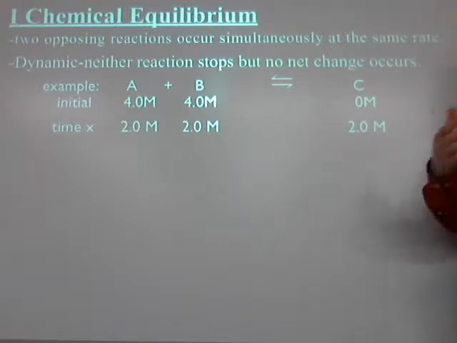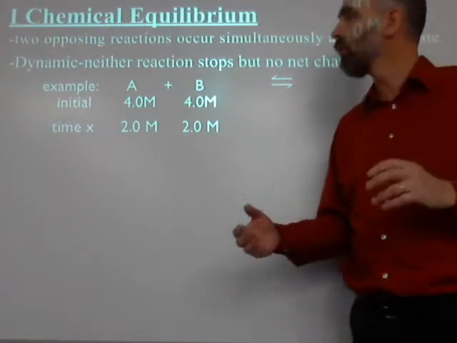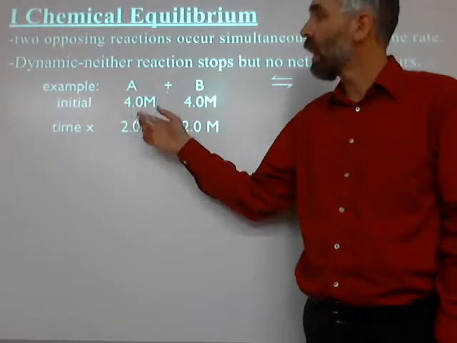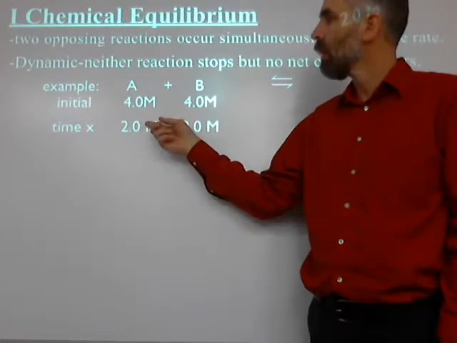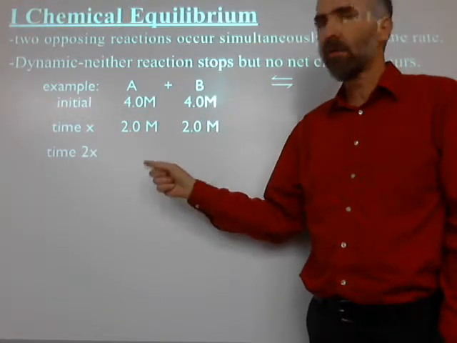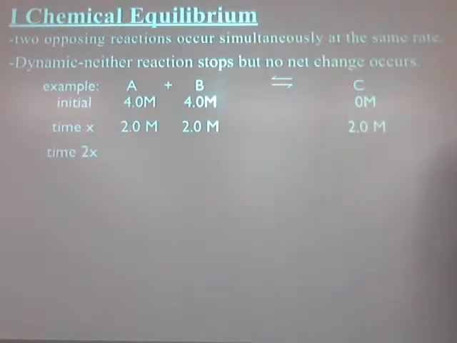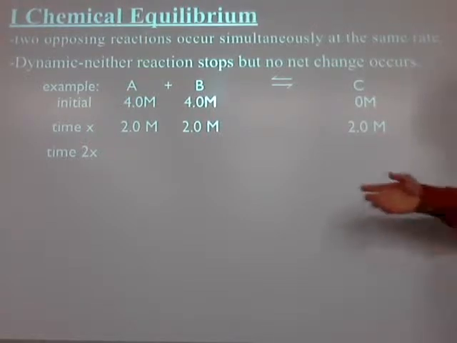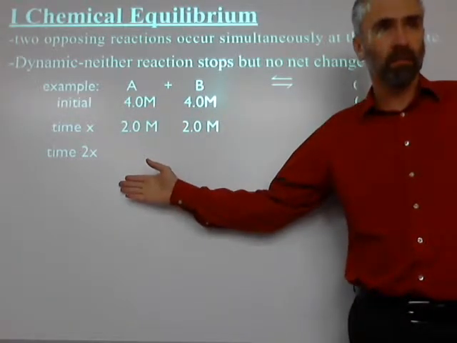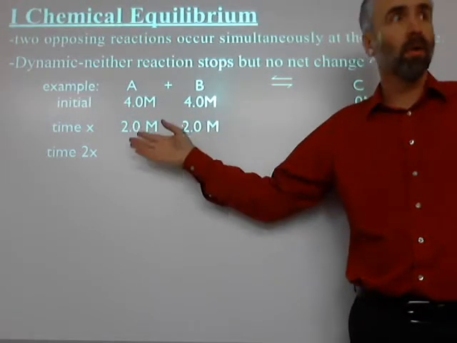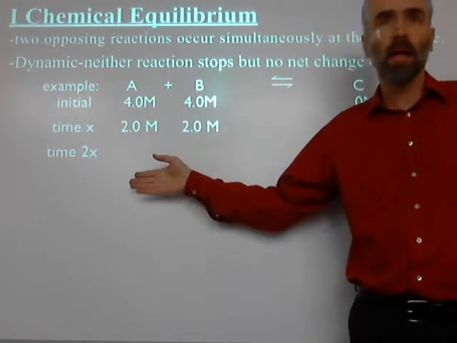The next thing I was trying to get across to you a month ago was this. You might think, before that chapter, that after time 2x, this is going to be at 0. You might have thought that, but you'd have been wrong. What happens after time 2x? Does it go down to 0? Or is it all gone now?